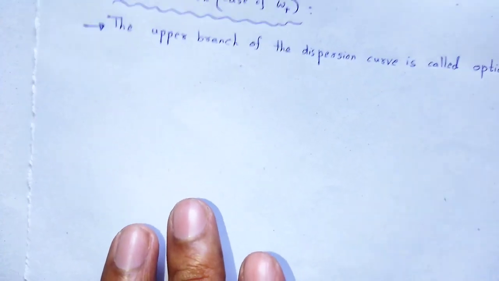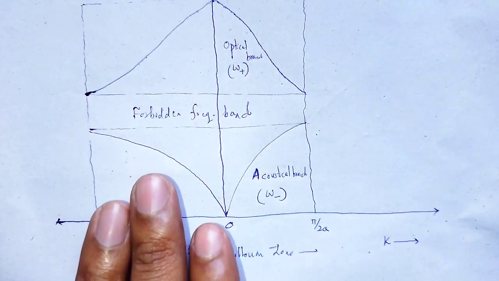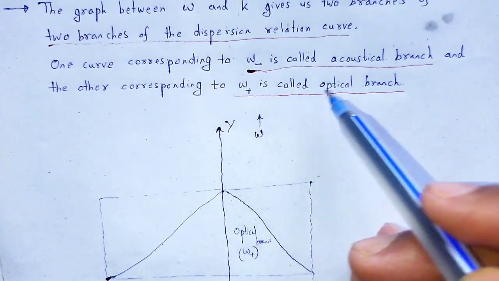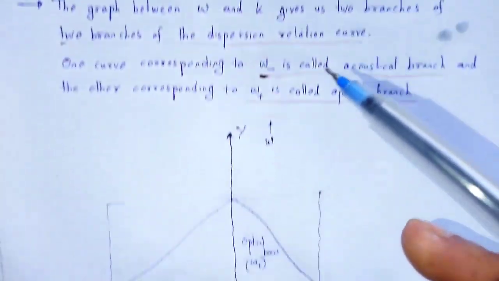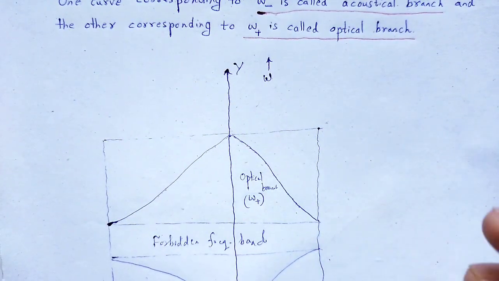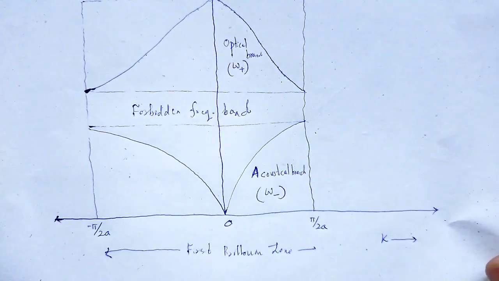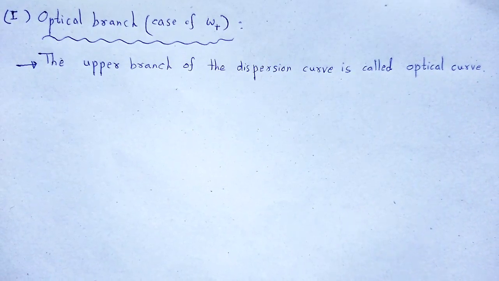First one, for the optical branch, that is the case for omega plus. Omega plus is represented by the optical branch. In the graph, the figure looks like this. Now, we mathematically show what the frequency region will be.